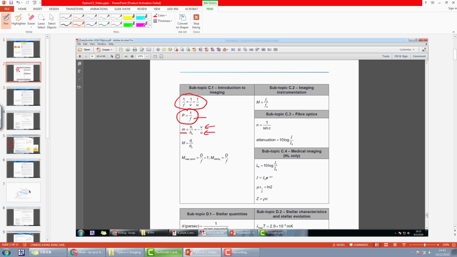If you look at the data booklet here, you see that the next two items are also M, but they are capitalized M. The difference between the small m and the big M is that the small m refers to the linear magnification, while these two big M, actually there is another one here as well, are all referring to the angular magnification.